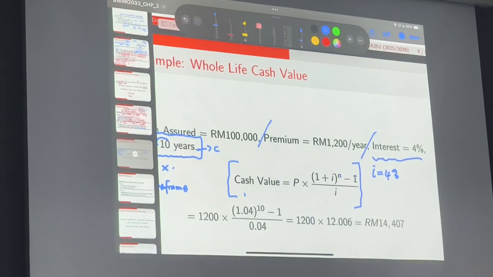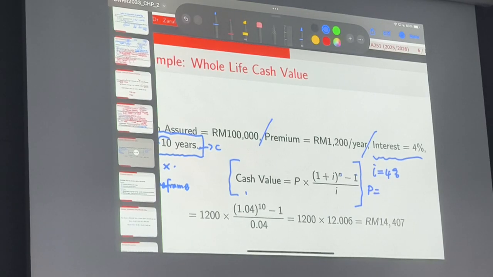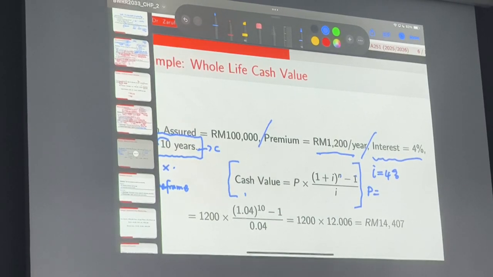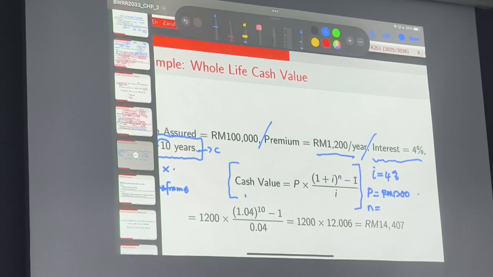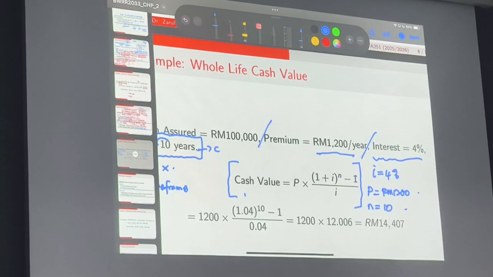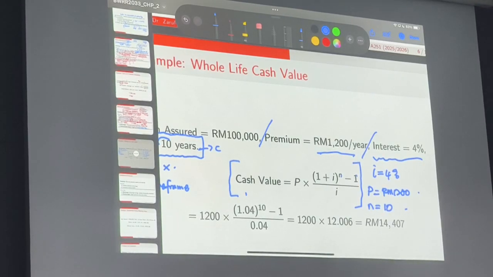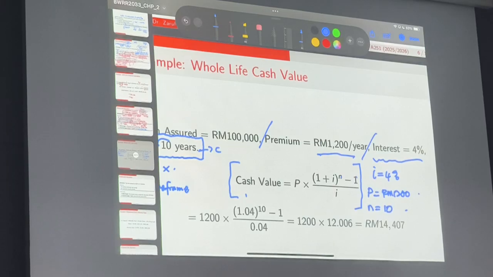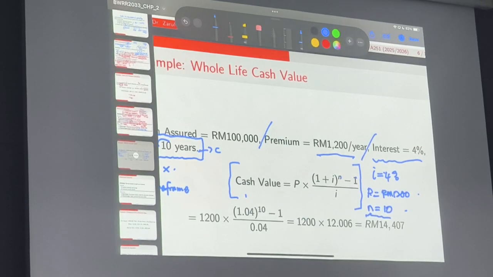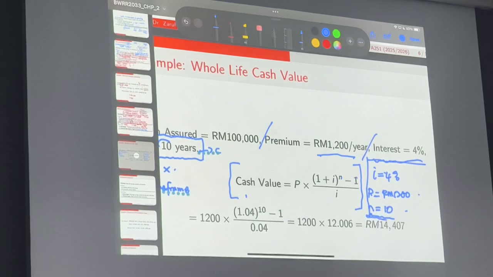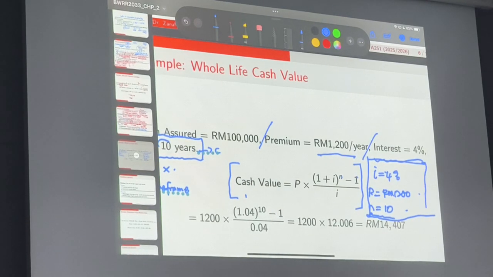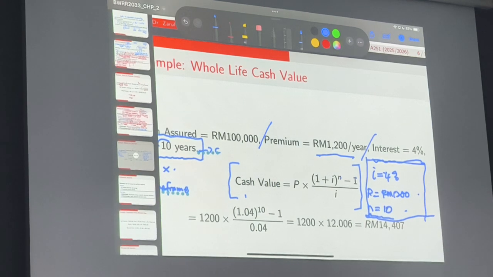P is the premium that we paid yearly, RM 1,200. N equals 10. You just need these three variables: interest, premium and N. Again, N here is not the term, but after certain years, for example 10 years, how much cash value we have accumulated. That is what we want to know.